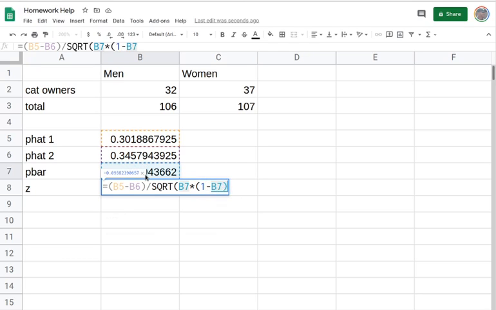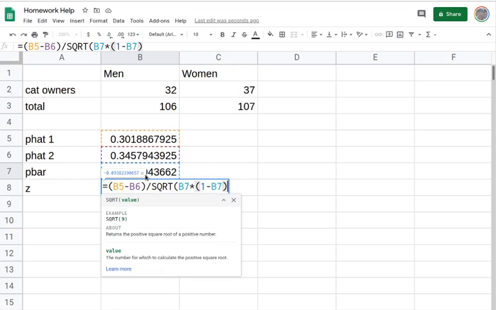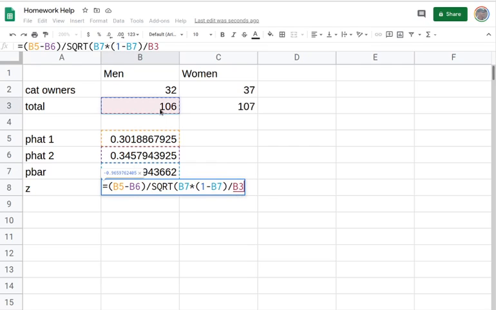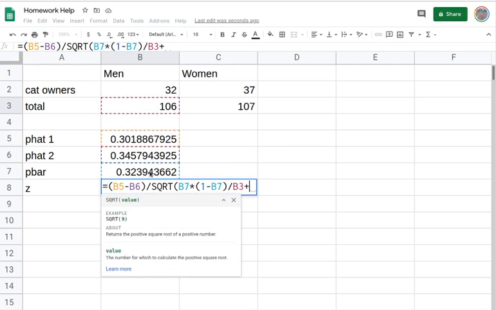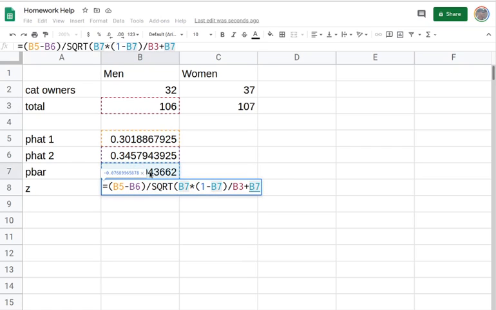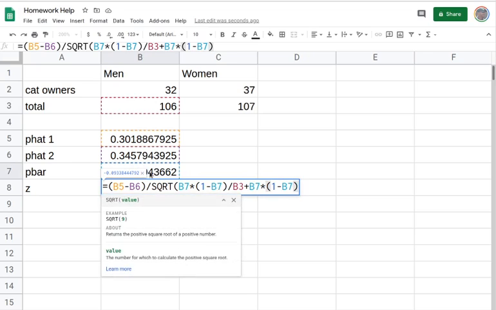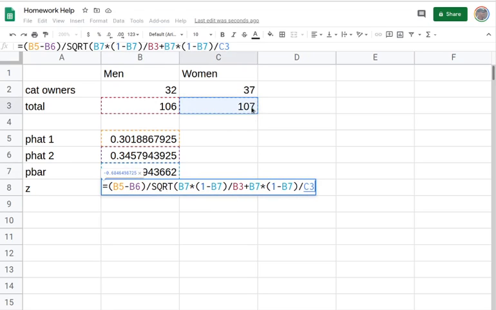You could if you want. I'm just going to call it 1 minus p bar, in parentheses. And I'm going to divide that by the number of men. And then plus, we'll do the same thing again. The p bar times 1 minus p bar divided by n2.